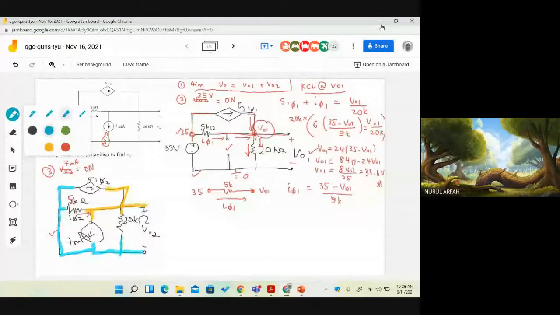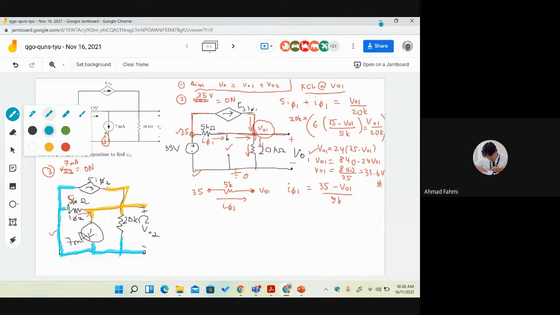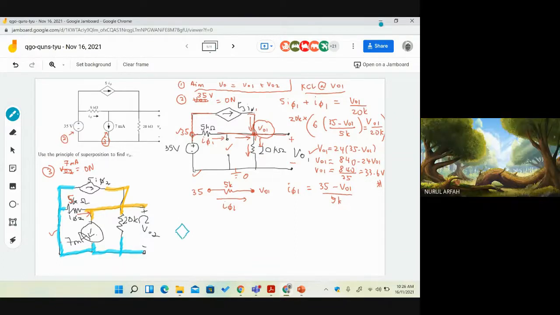Okay, good. But if you look here, the blue color and the yellow color, are all the elements here in parallel or not? Parallel or not? Yes, right. Good. Okay, let's do it like this.